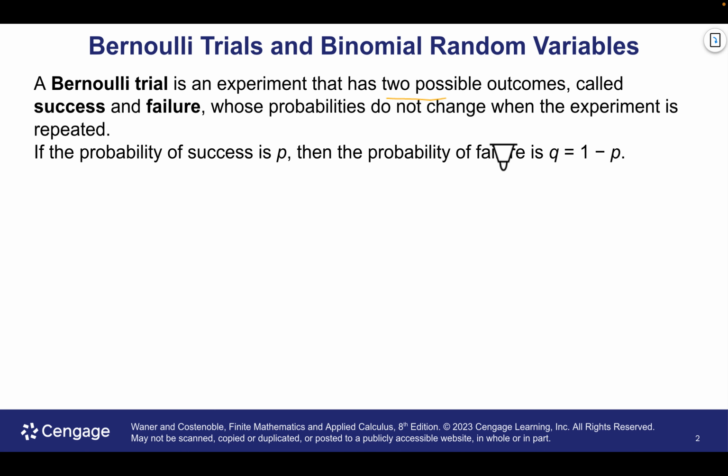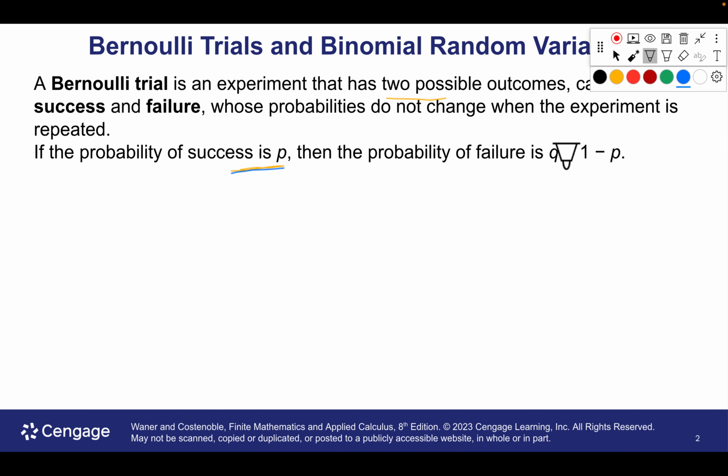And then the second part of it is whatever the probability of success is, P, we can get the probability of failure, which we'll call Q, P's and Q's, by taking 1 minus P, 1 representing 100%. I like to think in percentages.